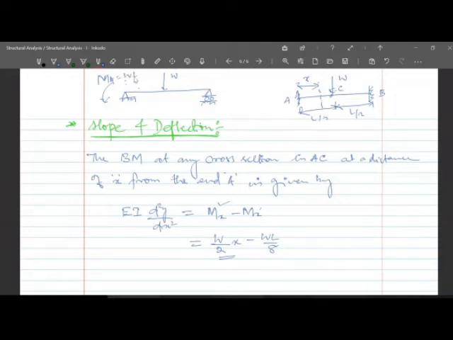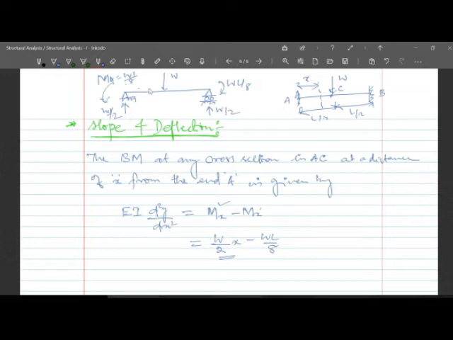Here I am having wl/8, and here I am having the reaction as w/2.